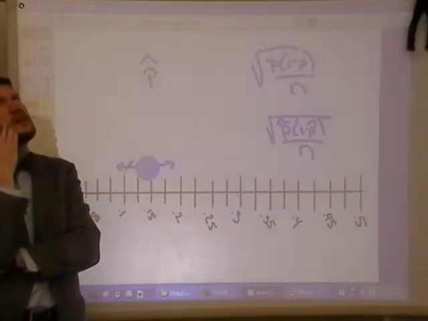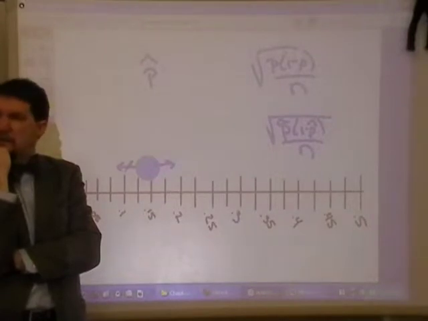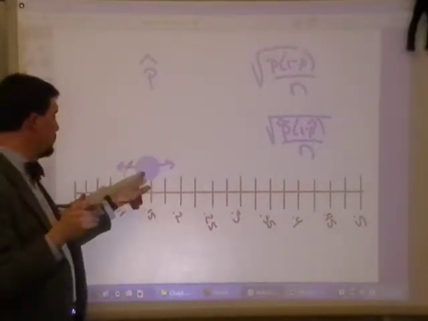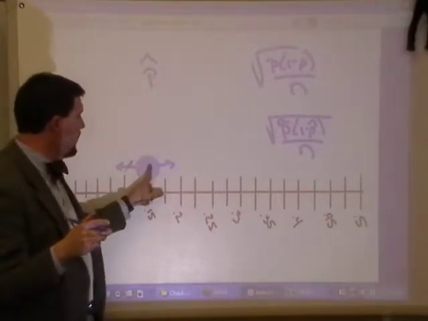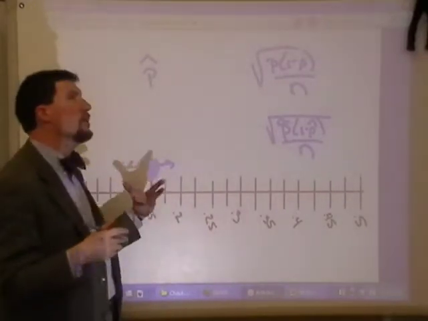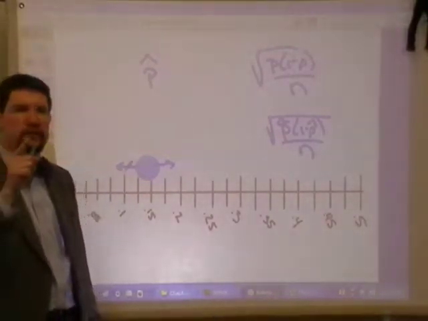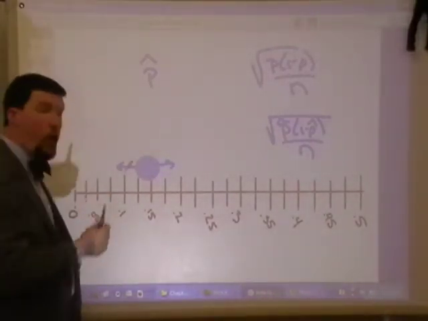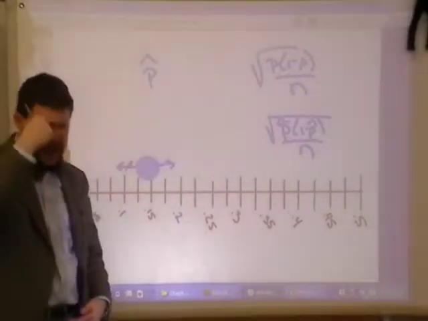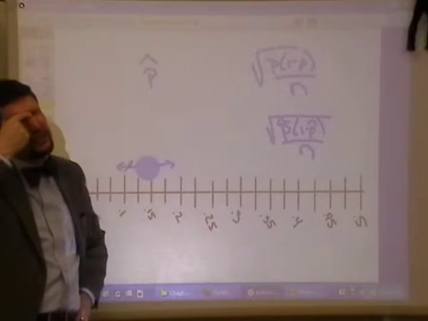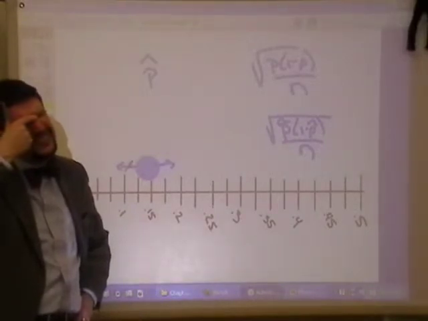Let's see, what would be a good value for standard deviation? Let's think back, how many would be an outlier? Because I don't want this to be an outlier, and I would figure that anything that wasn't here would be an outlier. And you're like, two standard deviations, oh, that's a great idea. Now let's think back to the 68, 95, 99.7 rule, and what percentage of the data falls within two standard deviations?